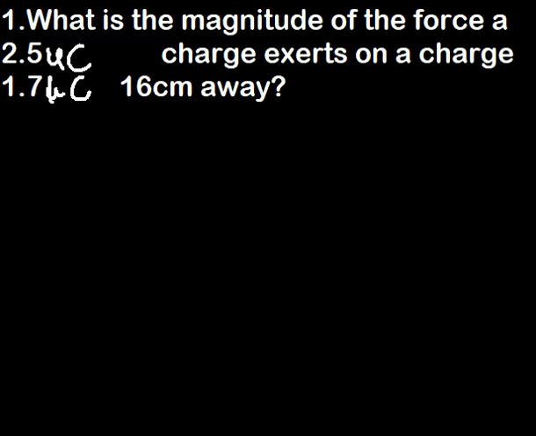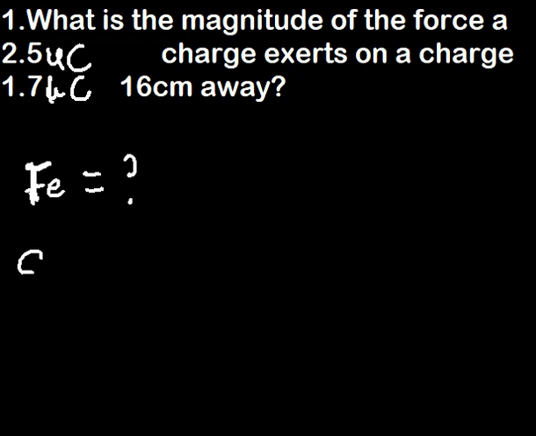Let's appreciate some of the examples associated with the Coulomb's law. Let's say this is the question: what is the magnitude of the electrostatic force? That's what we are looking for.